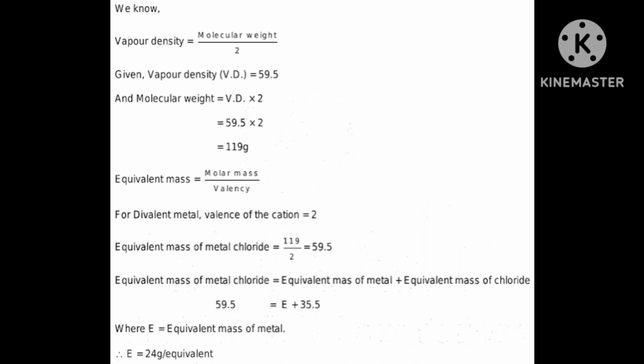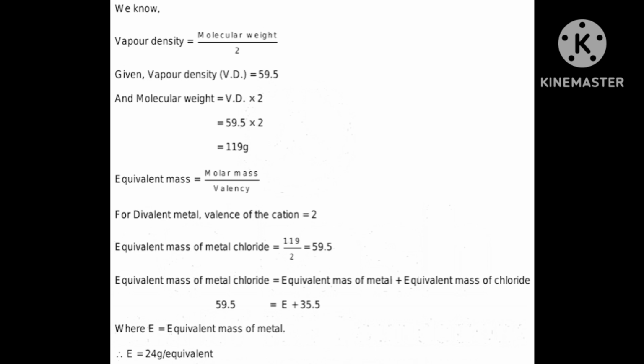But here the atomic weight of M you can write as equivalent weight into valency; that you know the relation. If the equivalent weight is given, you can know the atomic weight. So in the place of the atomic weight of M, you can write the equivalent weight of M into the valency of M, plus x into 35.5.